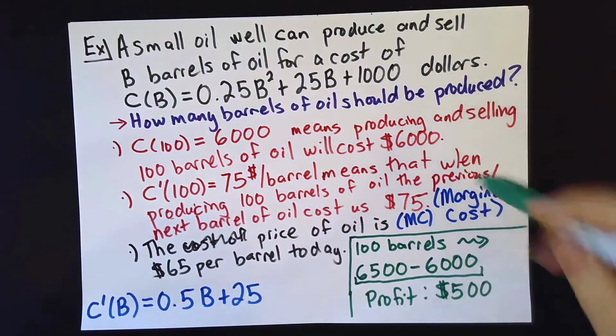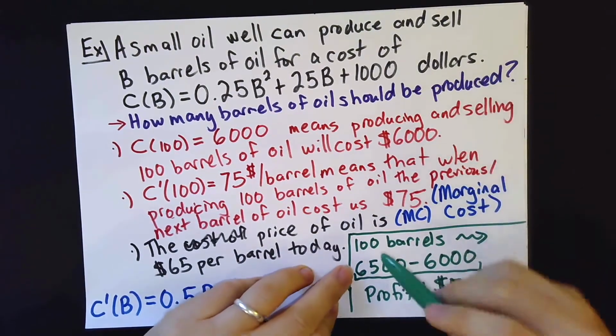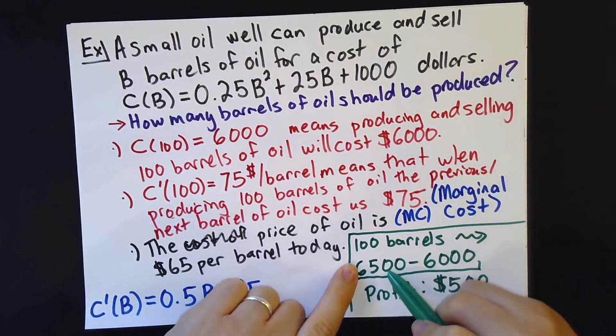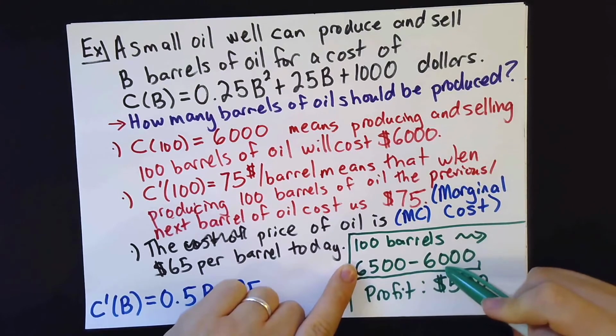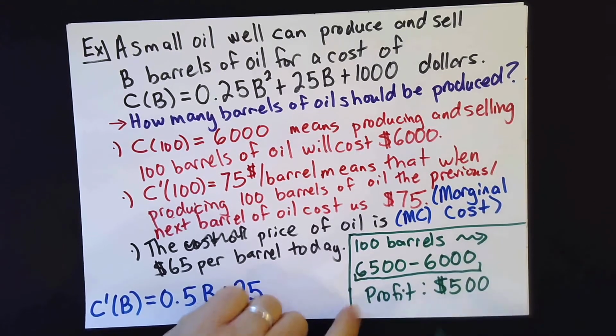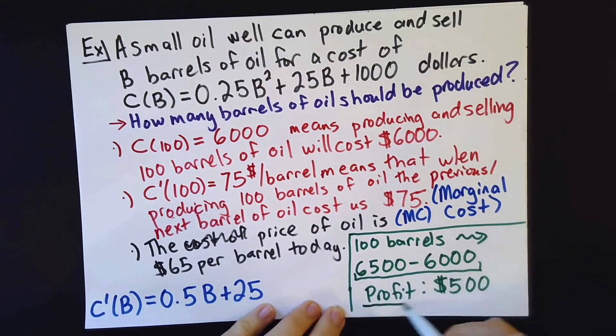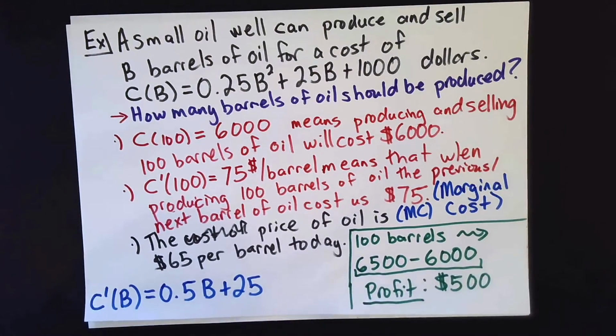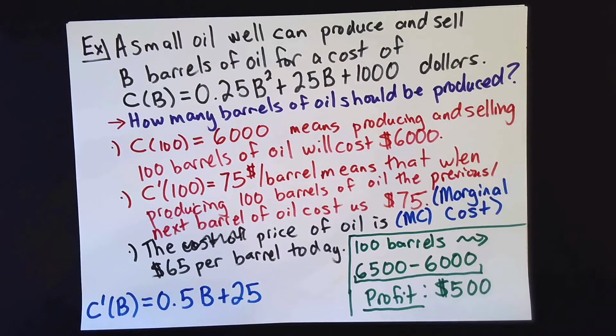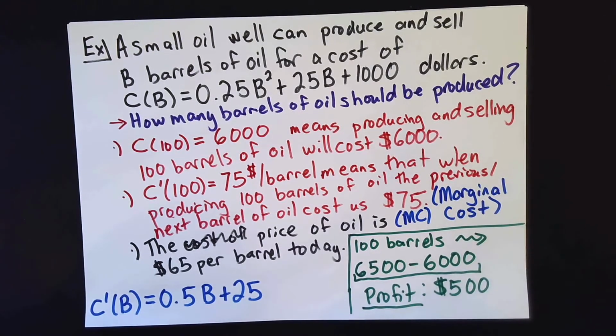That was the first thing we calculated. And so this money we take in, which economists would call the revenue, minus the money we paid out to make it, which an economist would call the cost, gives me the profit, which in this case would be $500. Now, here's the question. Is that good or bad? Could we do better?